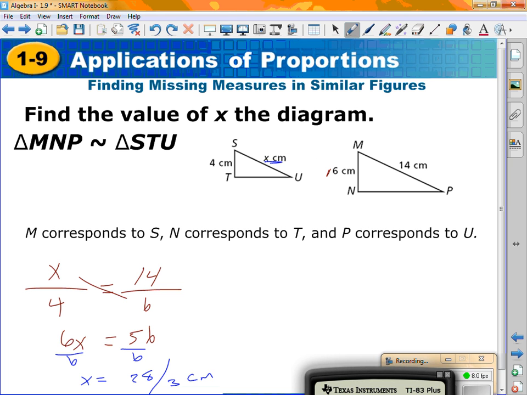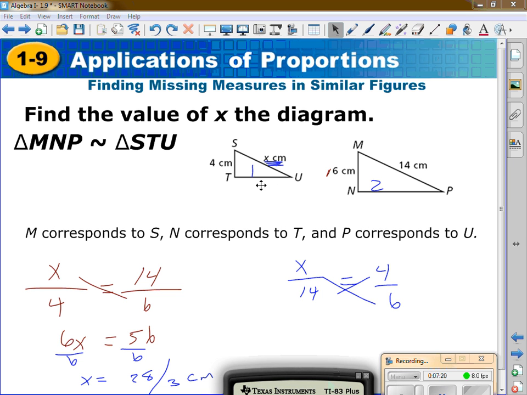What does x correspond to? x over 14 equals, if I did this triangle first, this one's the second one. So the other one has to be 4 over 6. What do you notice when you still do your cross products? Still getting the same 6 and x, and the 4 and 14. There's different ways to set it up. You just have to make sure you're going in the correct order.